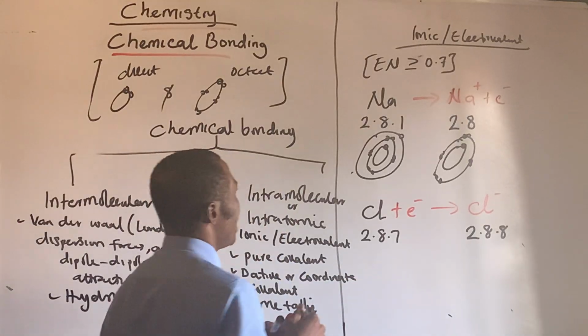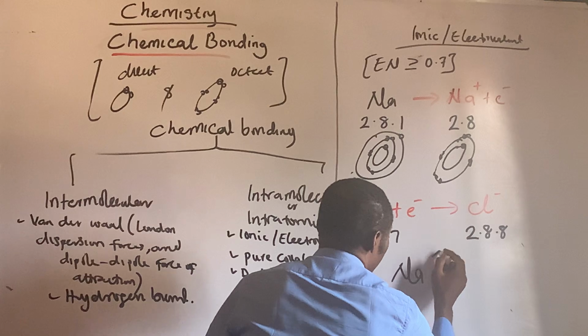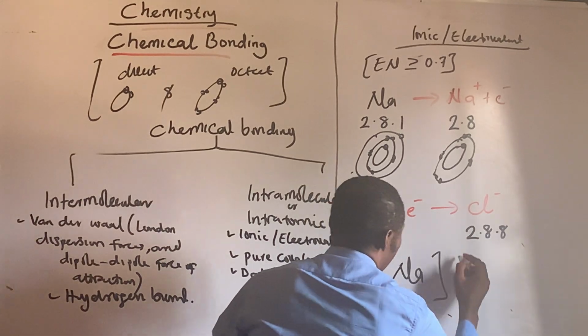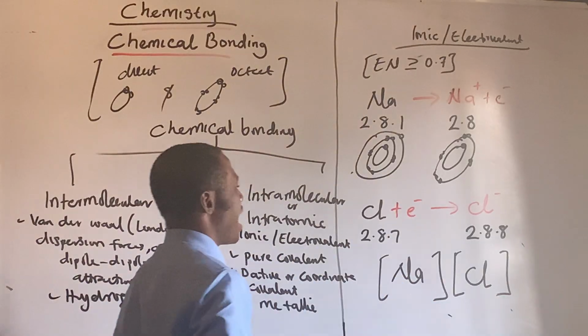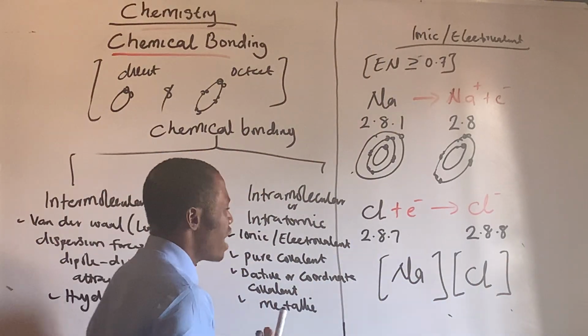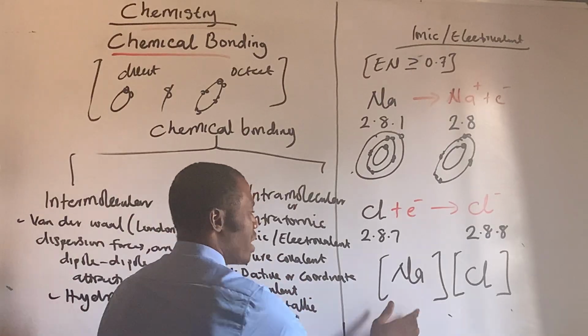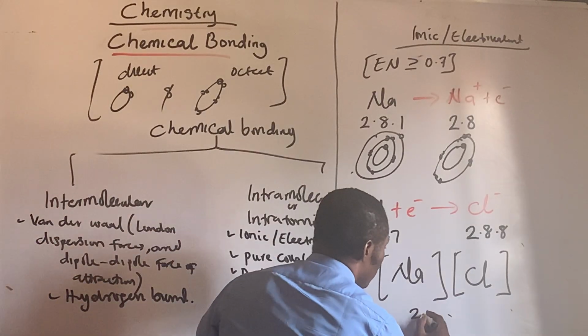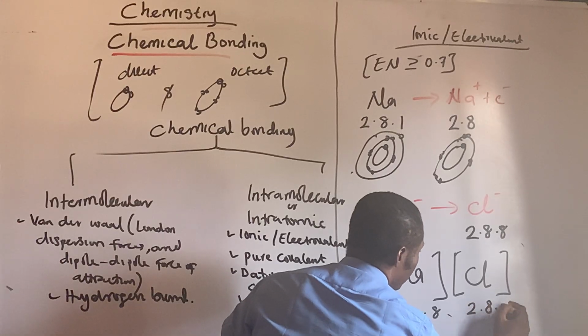Now, what is happening here is that we have sodium and chlorine. The sodium now has 2, 8 and the chlorine has 2, 8, 8.